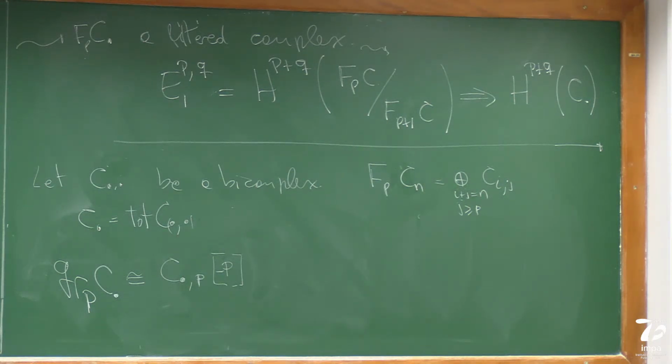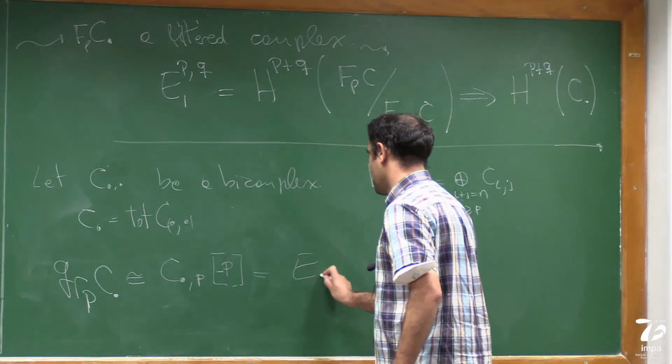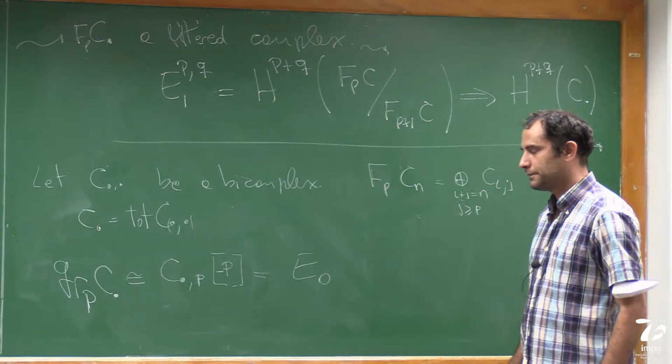So that's the associated graded. And I look therefore at the associated spectral sequence. So that's a filtration. This is the associated graded. And this is my E0 term in the spectral sequence.